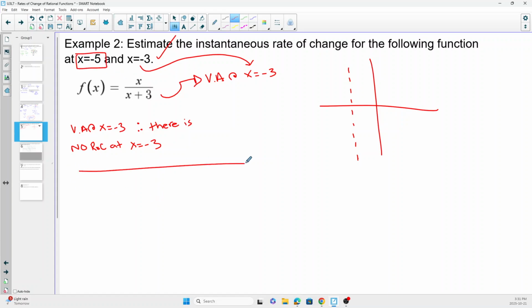So if the point of interest that we are interested in is x equals -5, we have to choose a point that comes just before and just after, or on either side. So -5, if that's over here somewhere, something that's a little bit further than that would be -5.01, and something that's not quite at -5 yet would be -4.99. So those are the x values that we're going to use, that are going to create an interval that is so close to our point of interest.